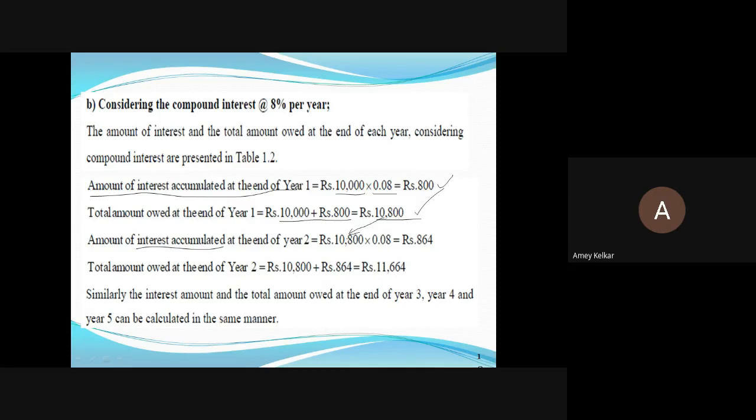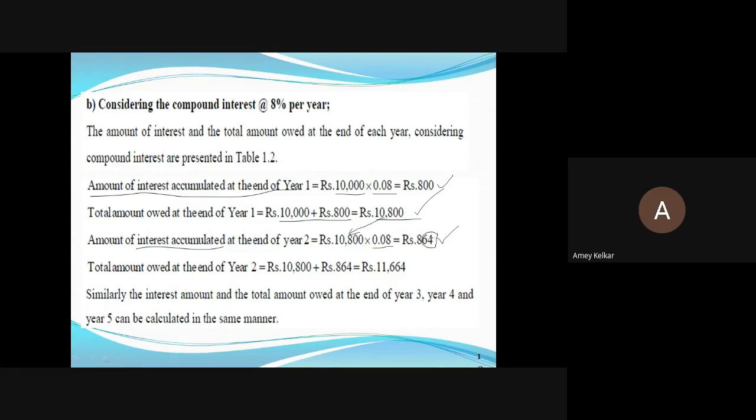So more number of years you go on using compound interest, the more amount you will be paying. So now here we calculated the interest on not 10,000, but our interest calculation went to 10,800 and rate of interest was 8%. So multiplied. So now instead of 800 here, we got say 864. This 64 is the effect of compounding.